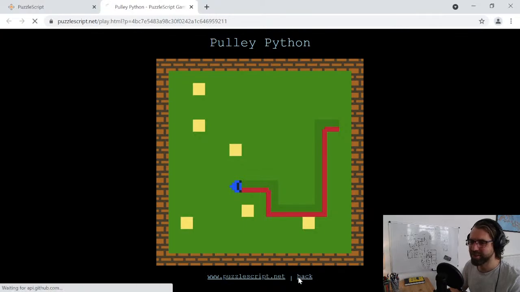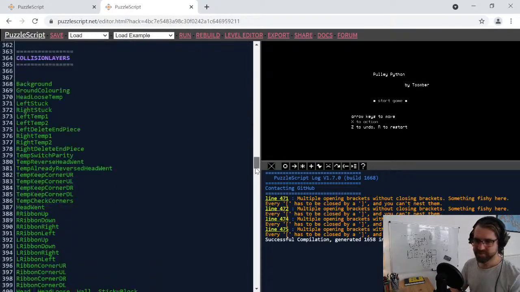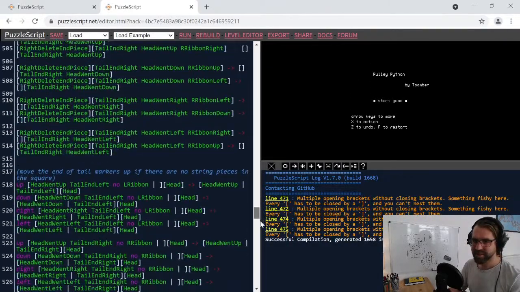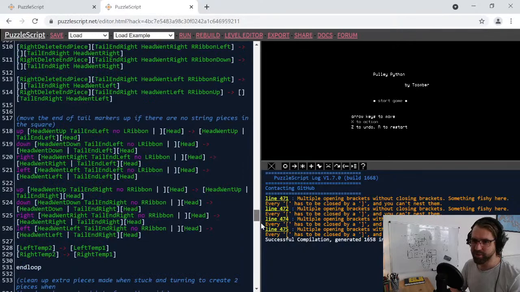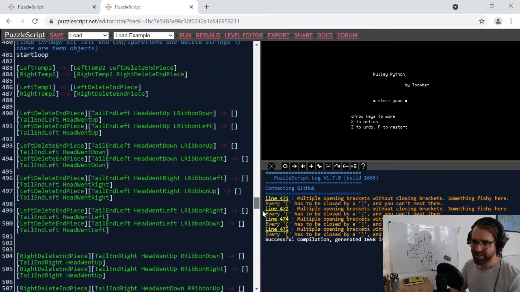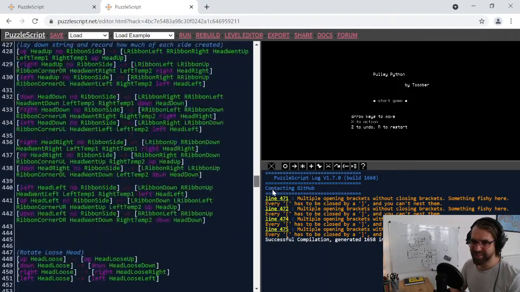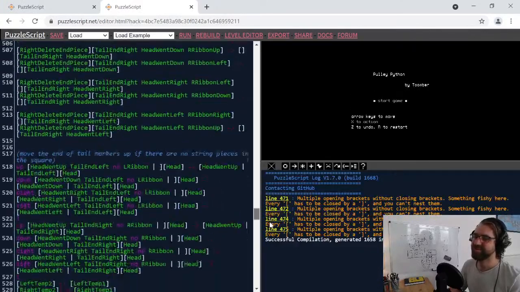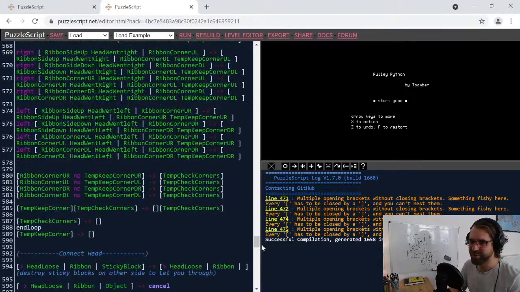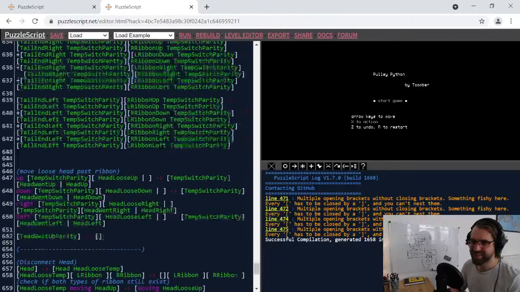Code is horrible. Let's take a look. Good old start loop, end loop. Yeah. I mean, it looks like it's pretty neat despite the horrendousness of having to deal with all the directions and everything. Yeah.